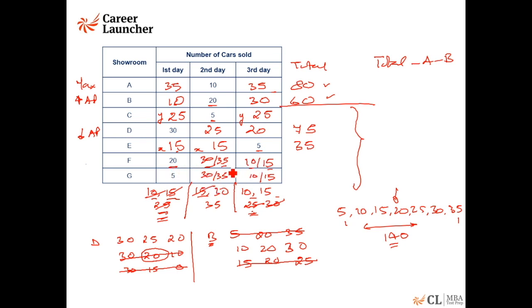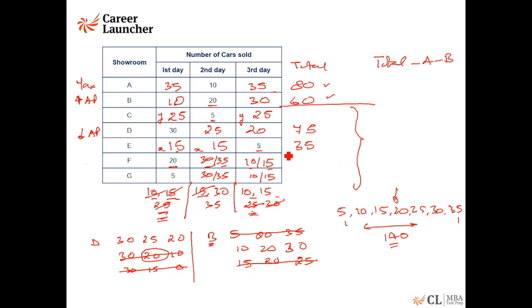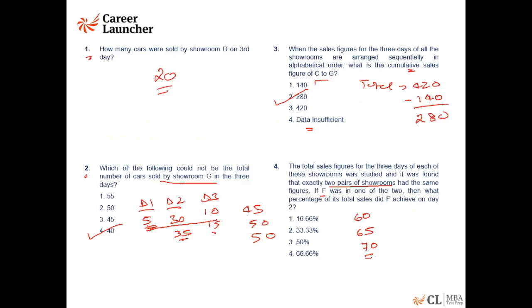And 20 and 35, 55 and 15, 70. So F is either 60 or 65 or 70. Any other showroom which is 60, 65 or 70? B is 60. What is C? 25, 50, 55. So no other showroom has a 65 or 70. F is the only one which is 60.